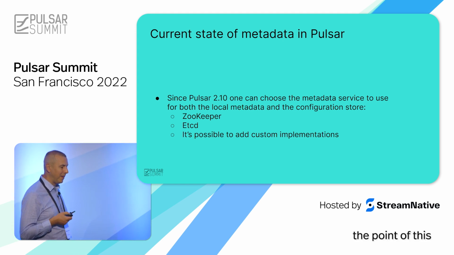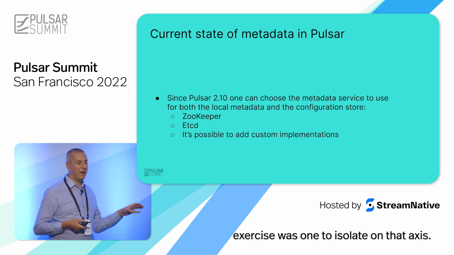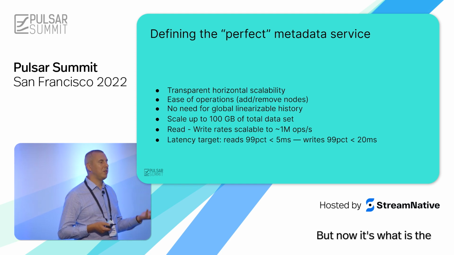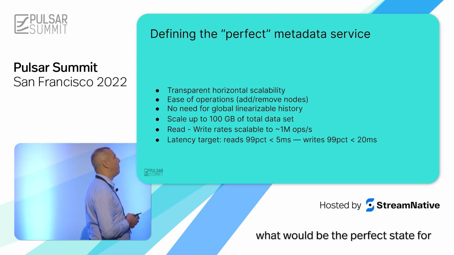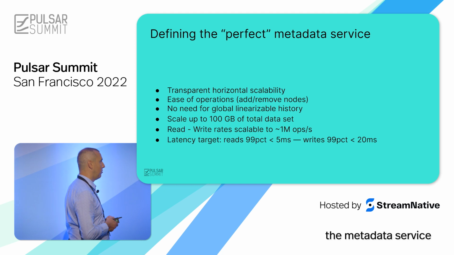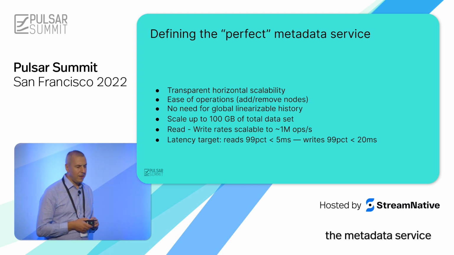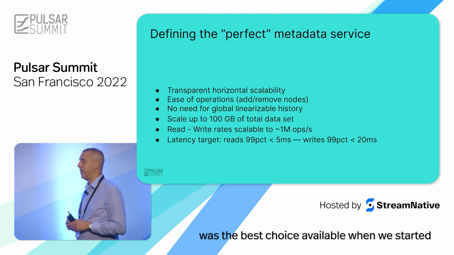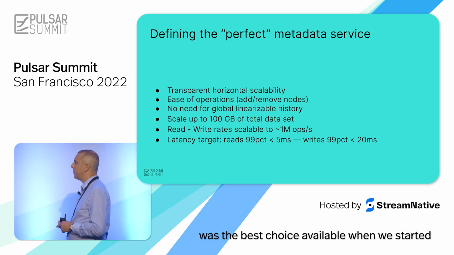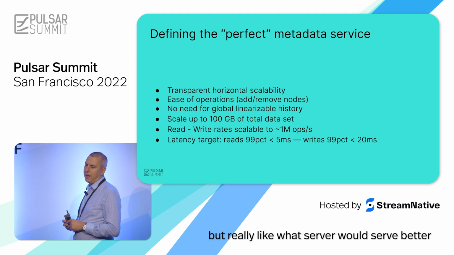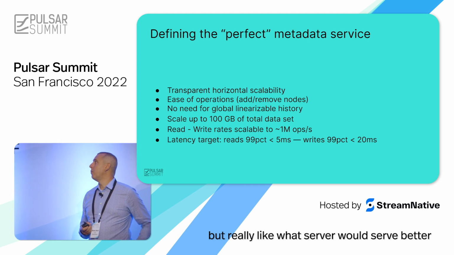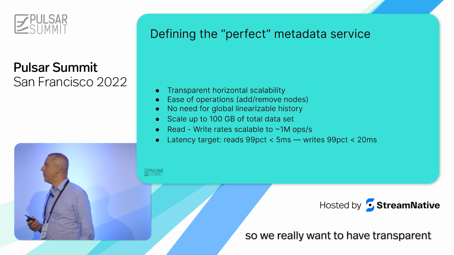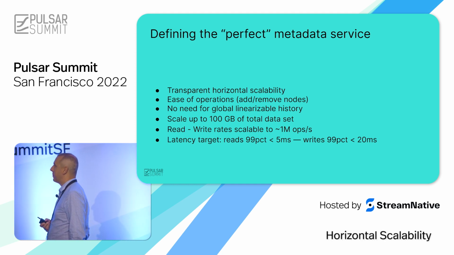The other thing is that the point of this exercise was, first, to isolate all metadata access, but now, what would be the perfect state for a metadata service? We used ZooKeeper because that was the best choice available when we started, but what would serve Pulsar better is something with these properties. We really want transparent horizontal scalability.